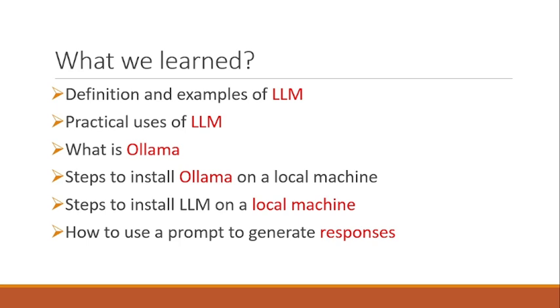I have told you how to install it on your local machine: you go and copy the command, paste it on the command prompt, and it will be downloaded. Then we saw how to use prompts to generate responses. I gave two example prompts, and it gave us wonderful responses.